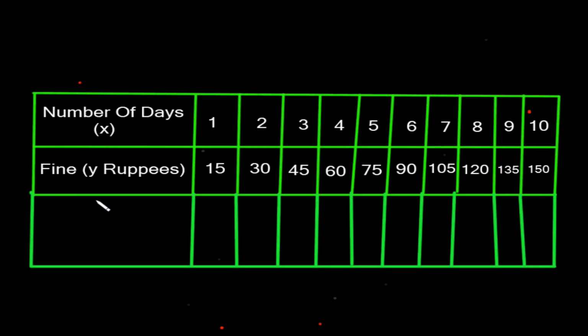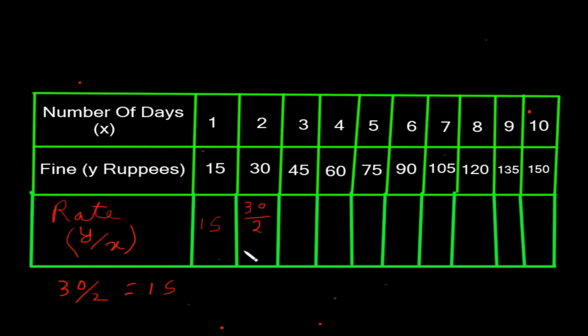Now, in this table, let me introduce a new term, that of rate. Rate is this quantity divided by this quantity, that is y by x. In this column, when 15 is divided by 1, I get 15. When 30 is divided by 2, I get 15.